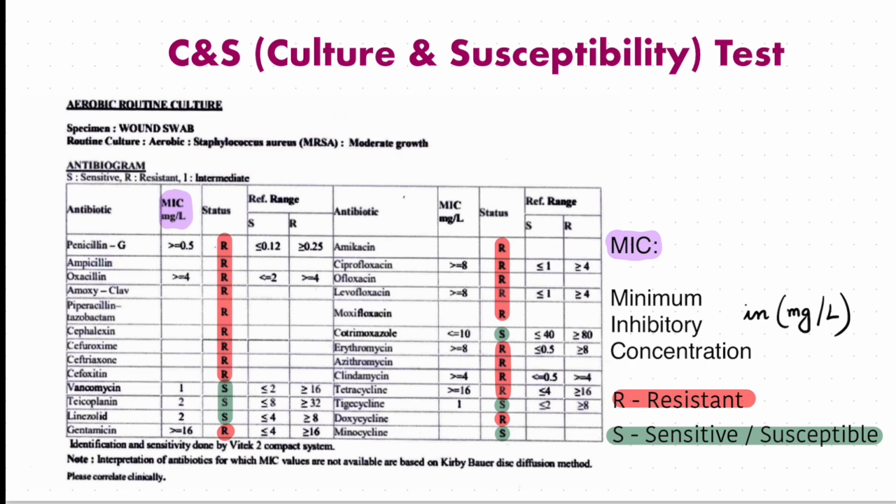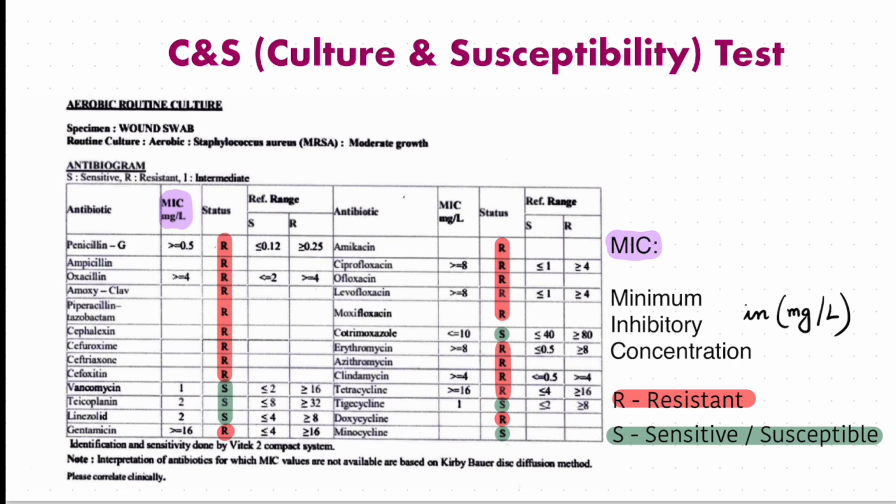And in this sample, upon application of penicillin, ampicillin, oxacillin, amoxiclav, all of these antibiotics proved to be resistant, which means that none of these antibiotics can actually kill or reduce the rate of reproduction for this particular variety of Staphylococcus aureus.